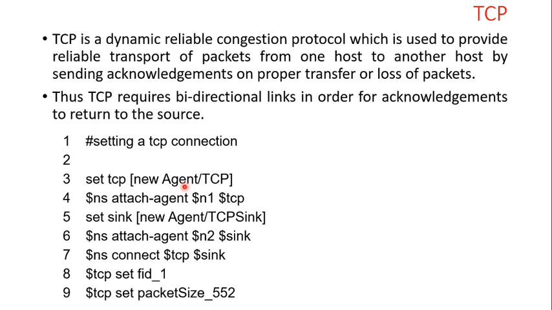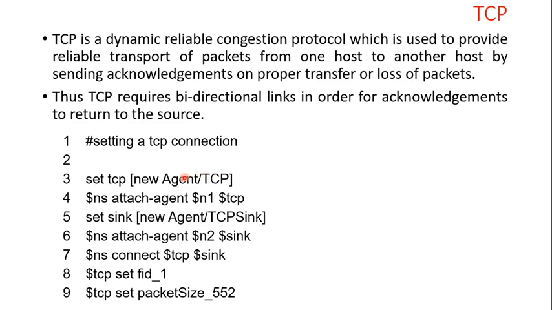Again, as usual, set and new are the commands. tcp is the variable pointer. And this is the object which is available in NS, initialized by the keyword new. You are setting a pointer variable to the TCP agent.